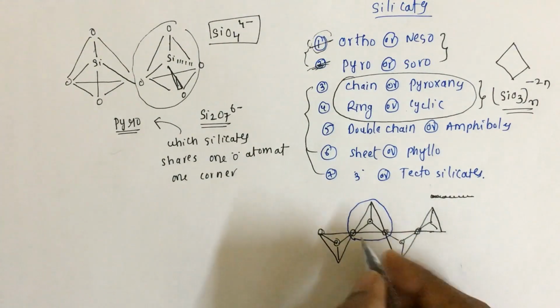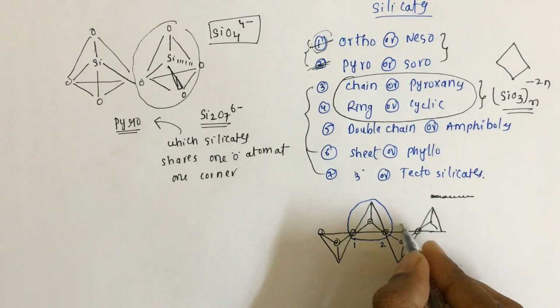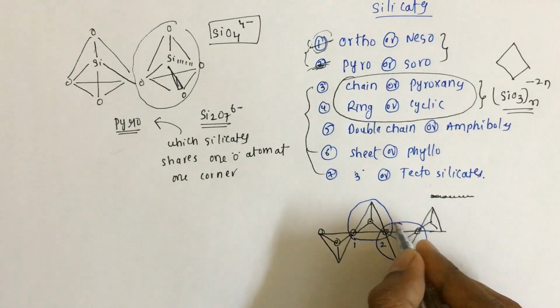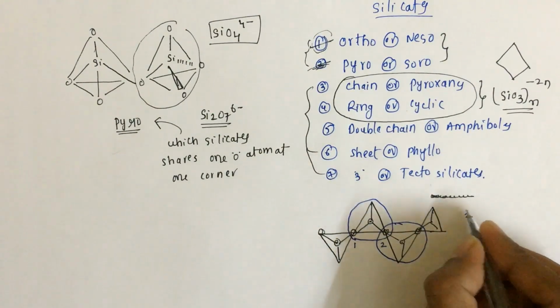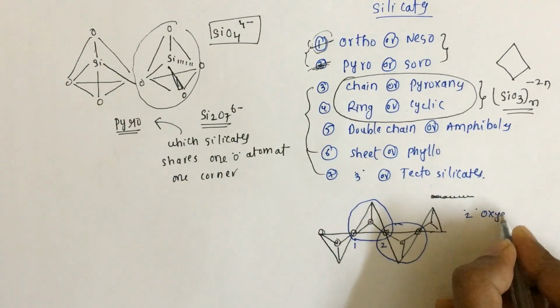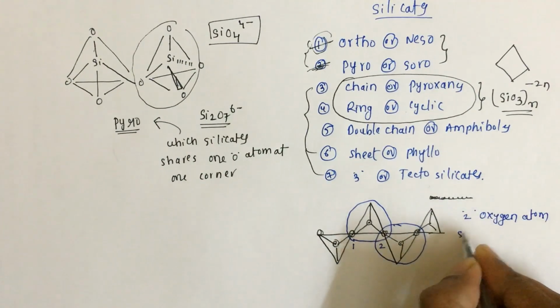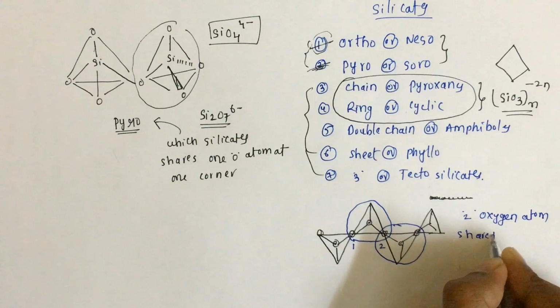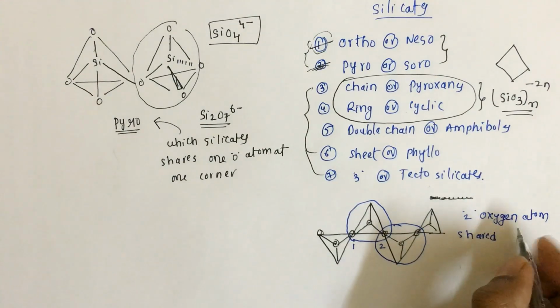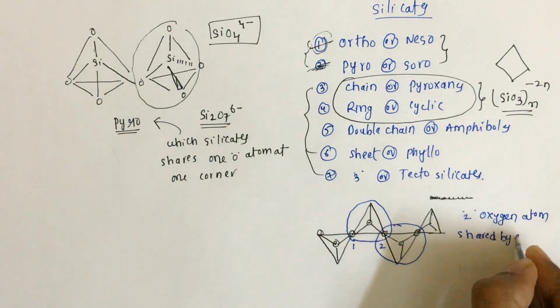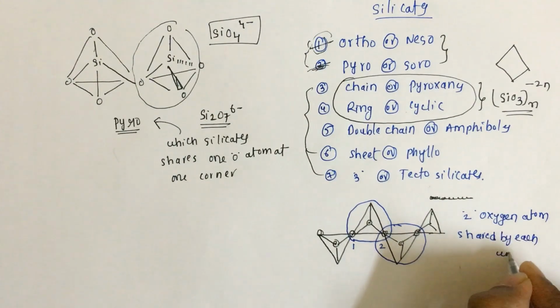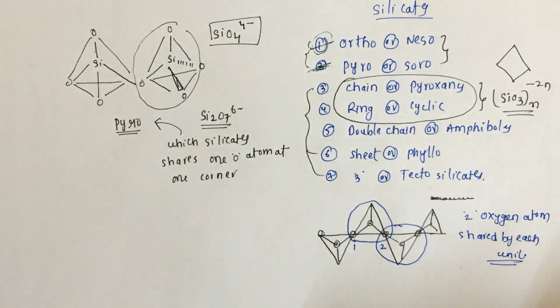This is 1, this is 2. You can take any unit, and 2 oxygen atoms are shared by each unit with another unit. So this is about the chain silicate.